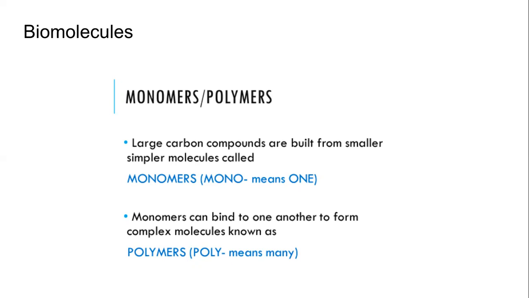And then those monomers can bind to one another to form complex molecules known as polymers, poly meaning more than one. We're going to talk about lipids today. We're going to start with the monomer unit of some lipids, and then we're going to see how those different monomers can come together to form some more complex structures or polymers.